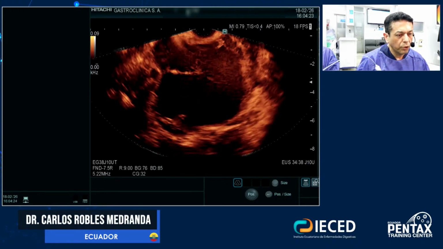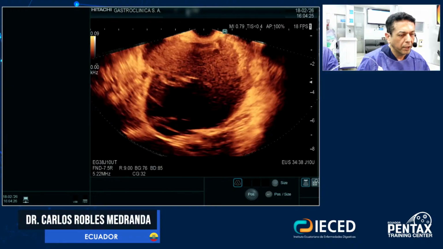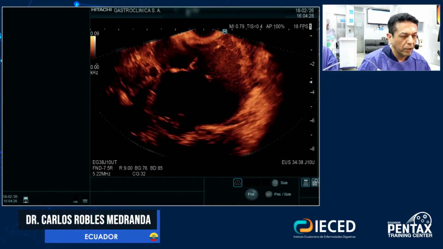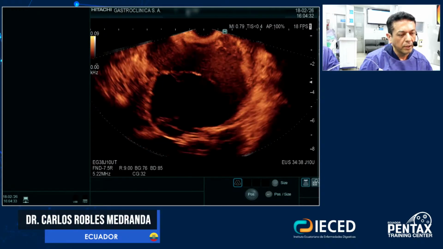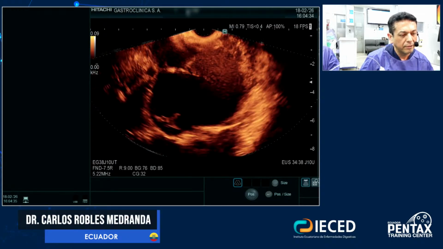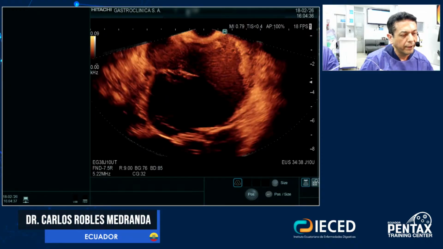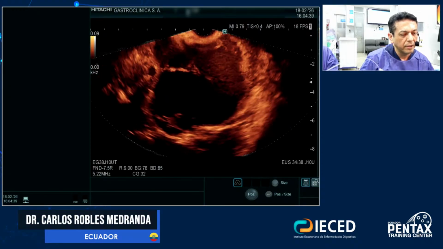I want to show you a new technology before making a confocal. We have to use confocal right now in cystic lesions, with all the meta-analyses and studies showing that this is the best way to evaluate cystic lesions.